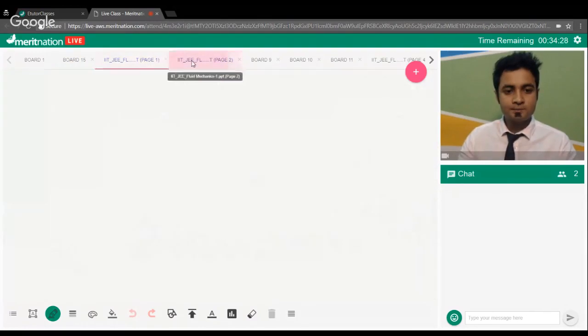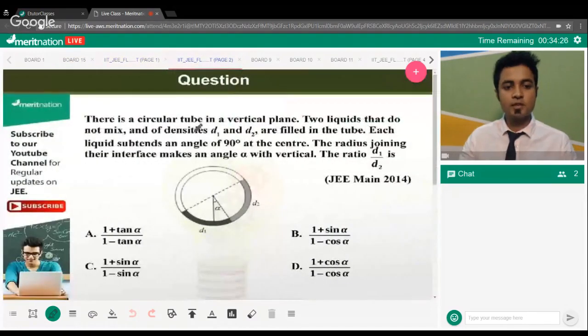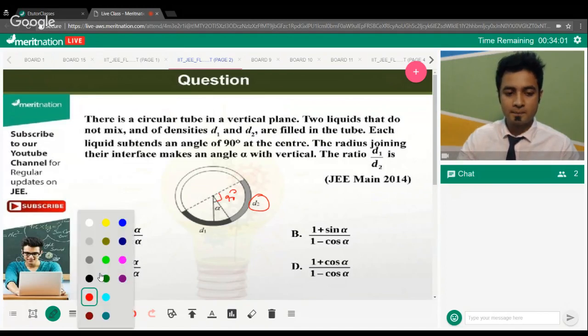There is a circular tube in the vertical plane. Two liquids that do not mix with each other, with densities d1 and d2, are filled in the tube. Each of the liquids subtends 90 degrees at the center. Means this liquid with density d2 subtends a 90-degree angle here, and the one in black also makes an angle of 90 degrees at the center.